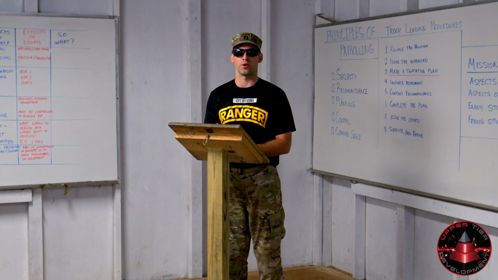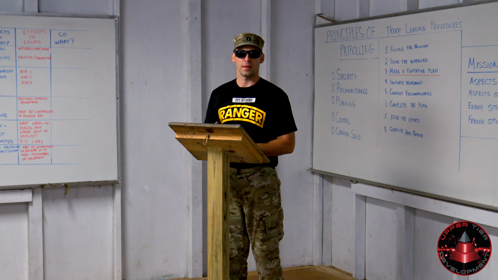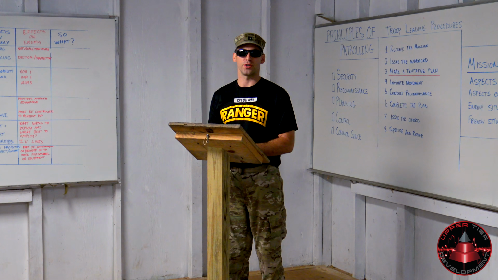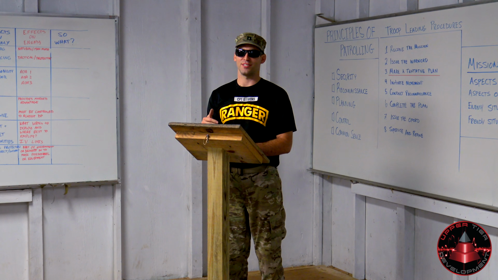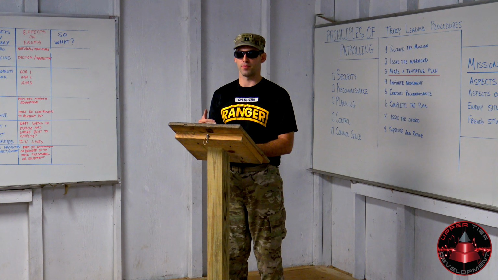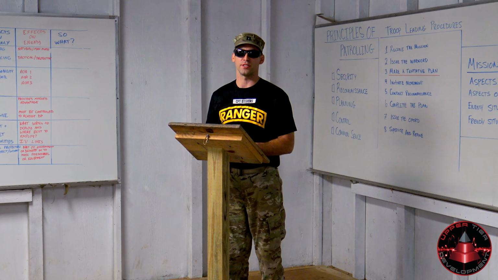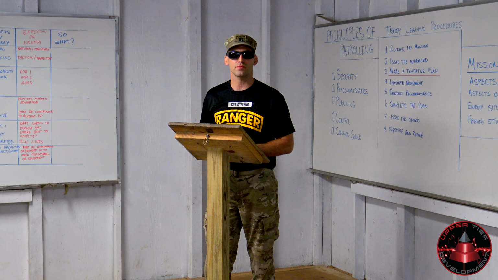This is where you're going to go ahead and trace and familiarize, and then you're going to identify where friendly elements are, you're going to identify where potential enemies are, and then you're going to point out any significant terrain features, any significant roads or obstacles, things of that nature that you identified in your hasty analysis.